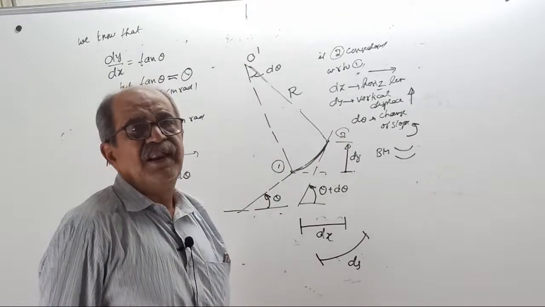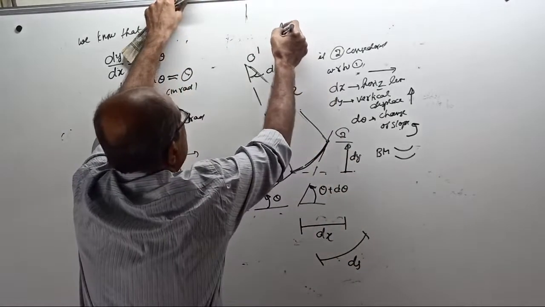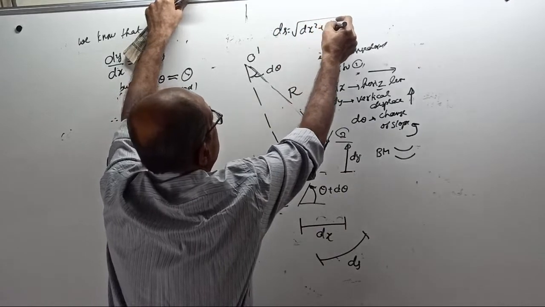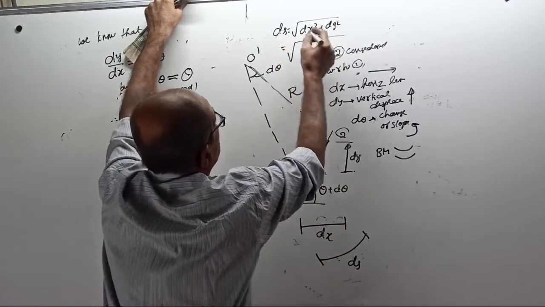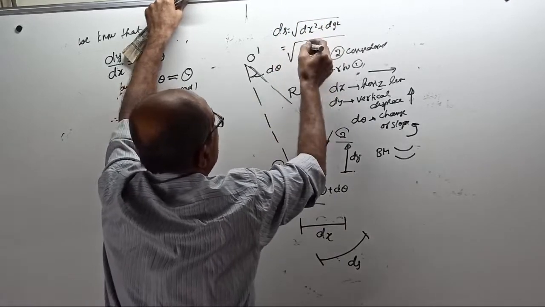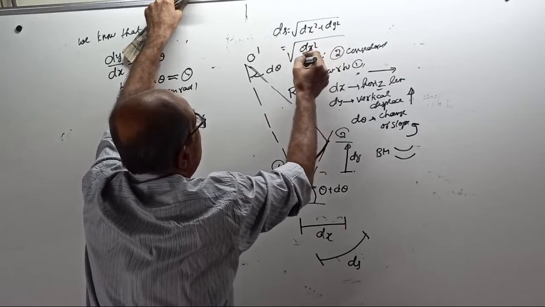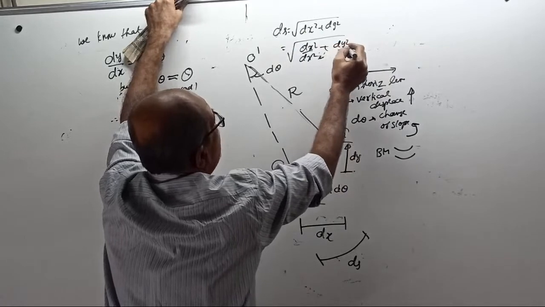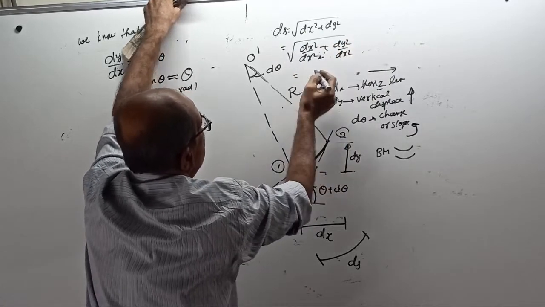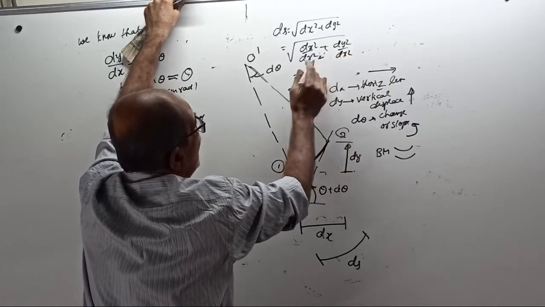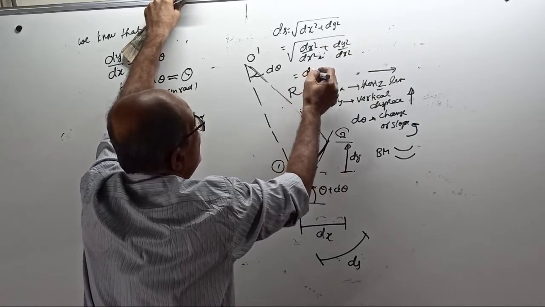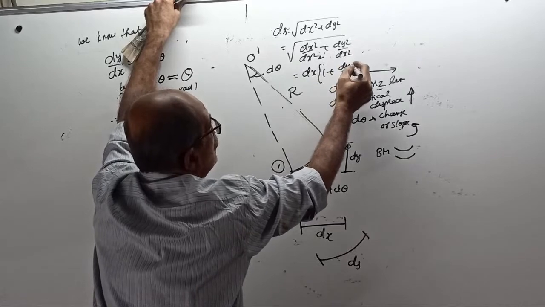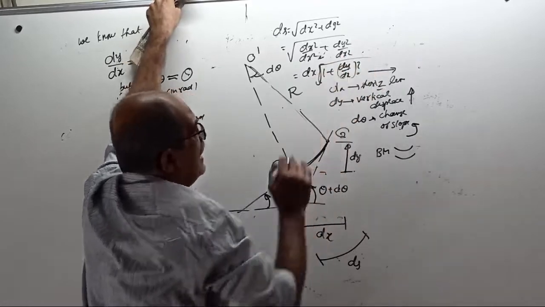Then they write dx outside, 1 plus dy by dx the whole square, under the root.